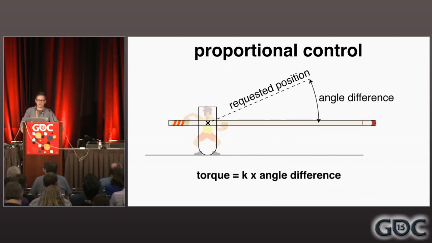As a first step, I just gave it a proportional control, which just means that the torque of the motor is some arbitrary tunable constant, which I've written here as k, because I did a physics degree in college, multiplied by the difference between the joystick angle, the angle that you're pushing the joystick in, and the pole's angle in the game. So the idea is that it's pushing hard when the pole is far away from the position that you're requesting with the joystick, and it lets up a little bit as you get closer. I also made it so that if the person let go of the joystick altogether, the motor would just switch off.